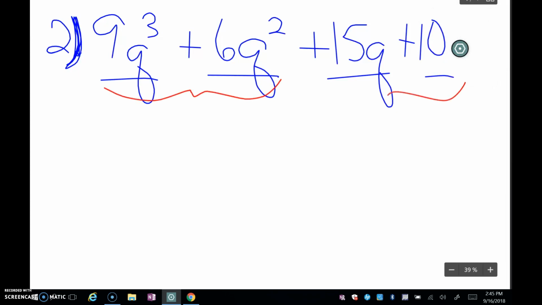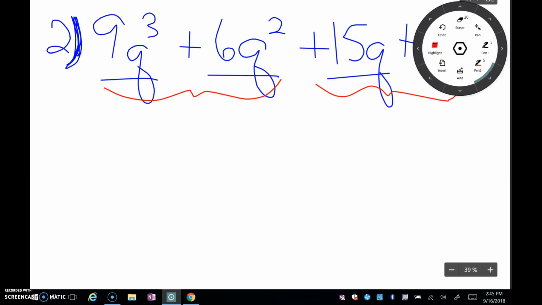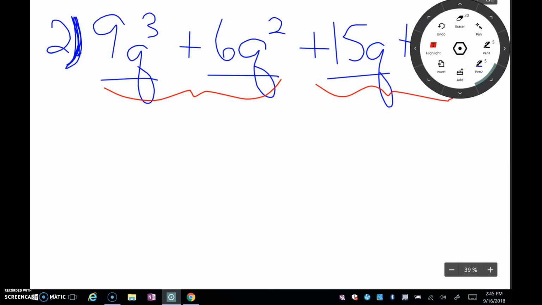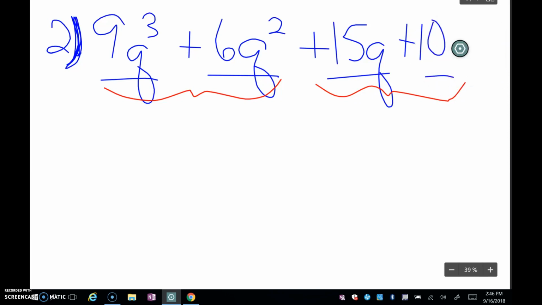So the first two and the last two. The GCF between 9 and 6 is 3, and my lowest power of q's is q squared. So that's my GCF of my first two terms.